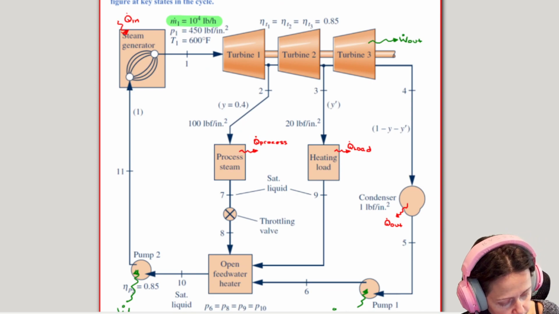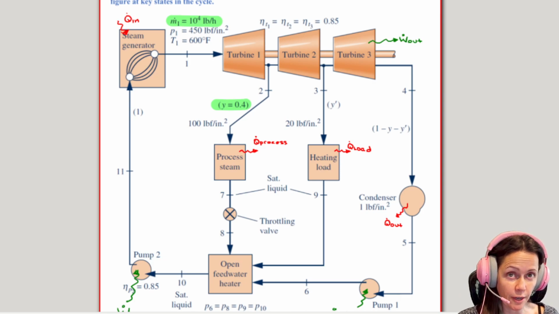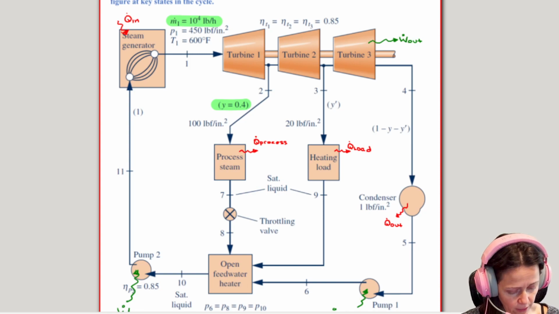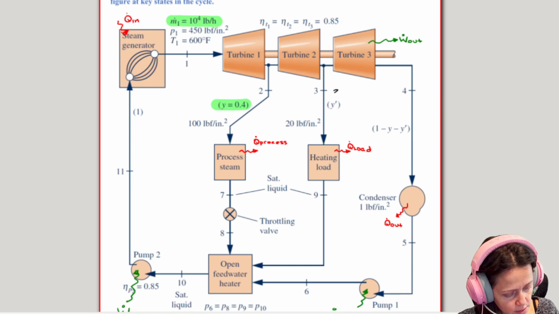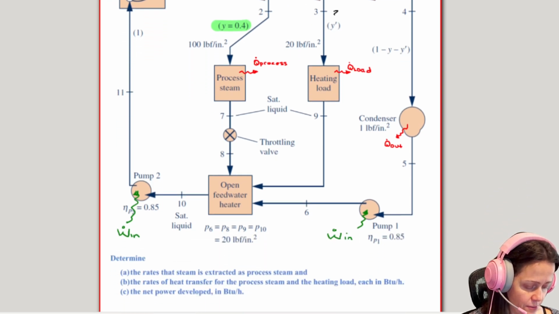They also give us the fraction of steam that comes off of that first high pressure turbine, but they don't give us y prime. So this is a question mark. I think let's do that.